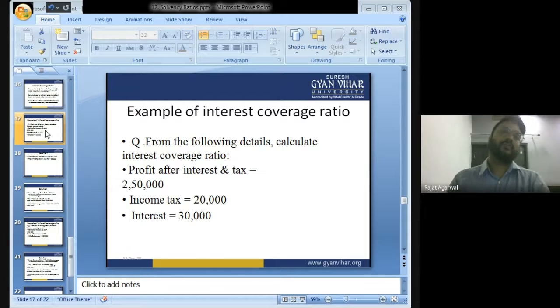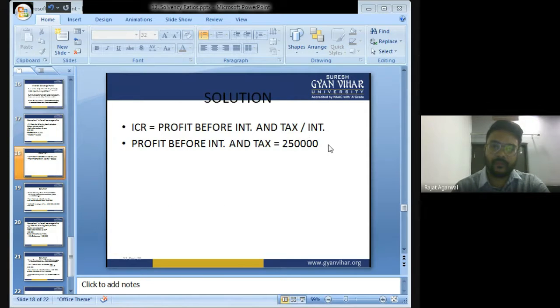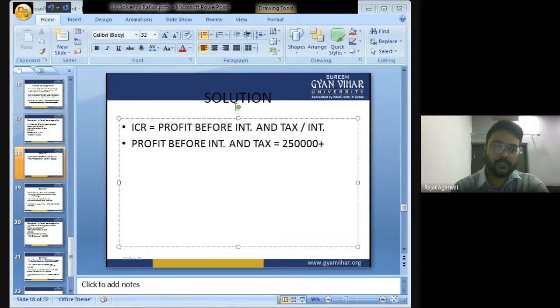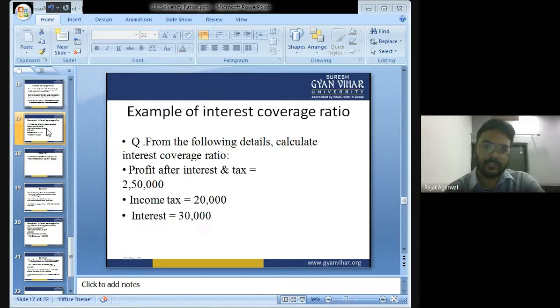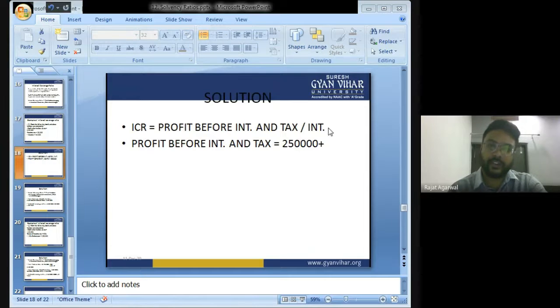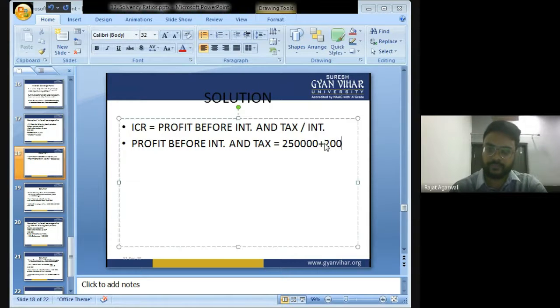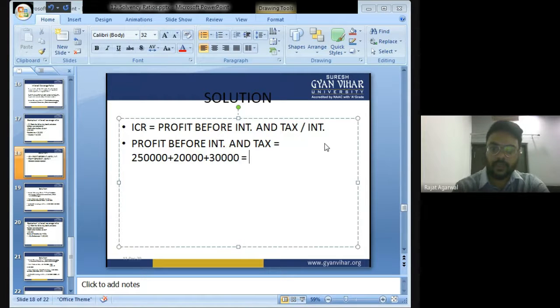So now what I am going to do? I am going to add back income tax and interest in 2,50,000. So plus how much is interest and income tax? 20,000 and 30,000. So answer will be 3 lakh.